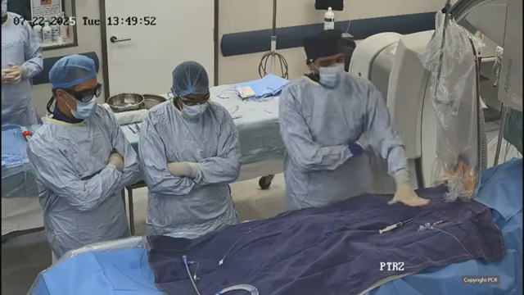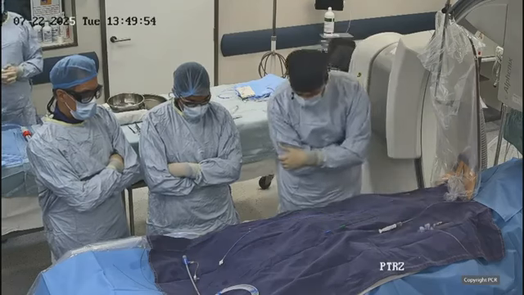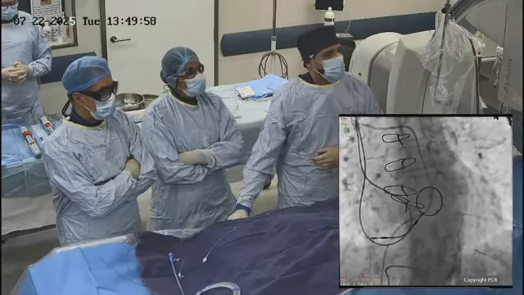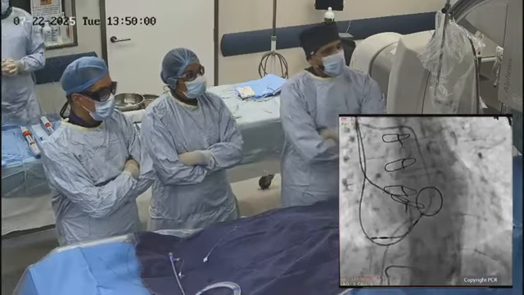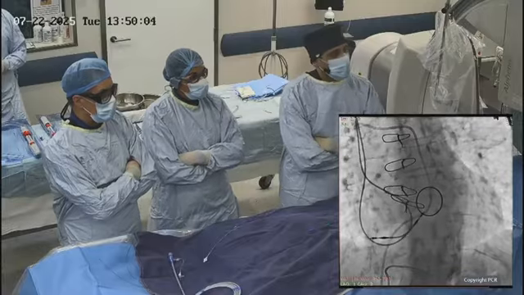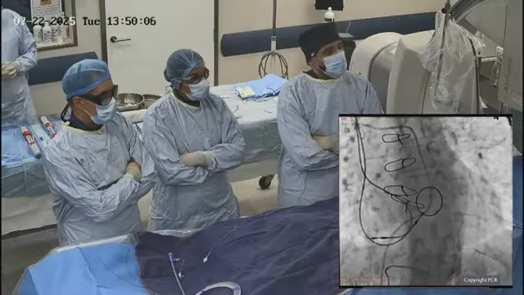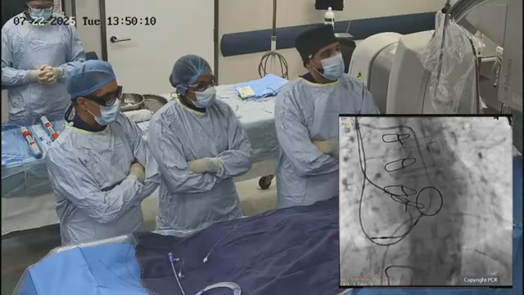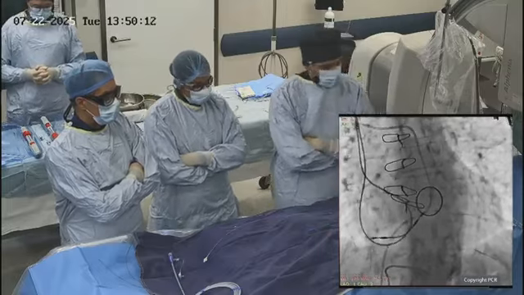We are going to show you the setting now. You can see the patient has a mitral valve, a mechanical one, some pacemaker leads and our catheter. That's the structure that we want to have in the heart.